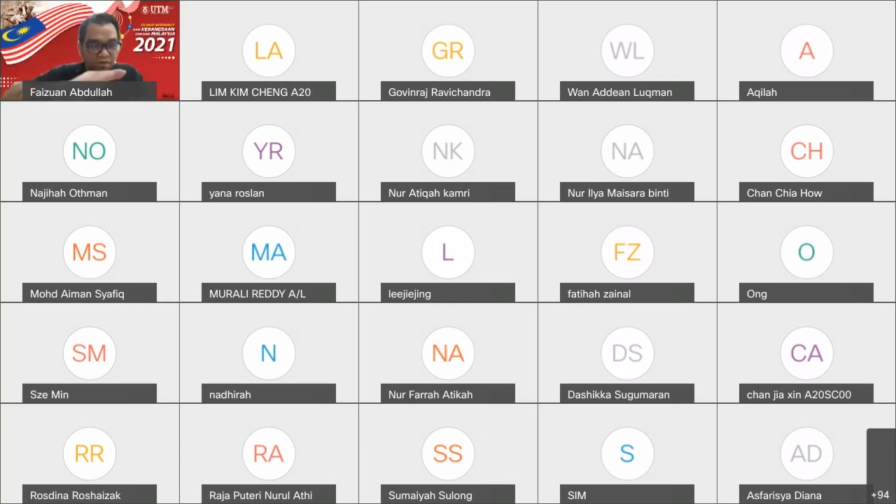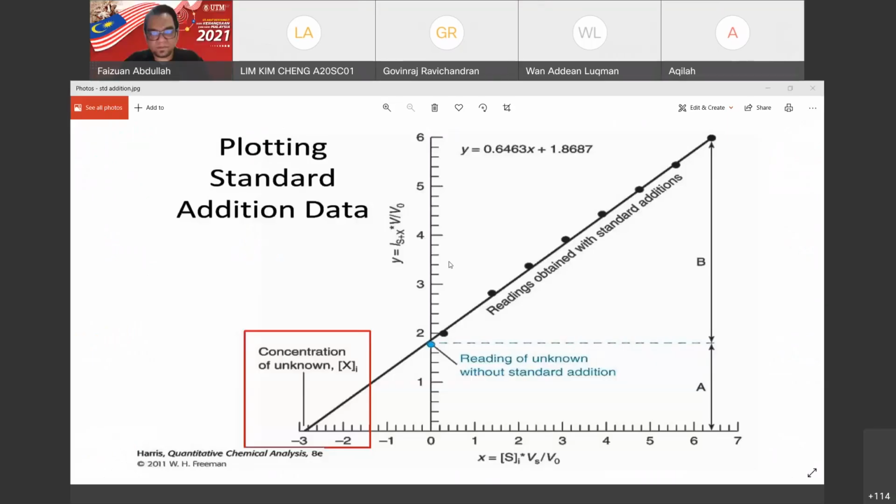So the graph will no longer be a calibration plot like the previous one. It will be like this. In a normal plot, we don't have this extrapolation.